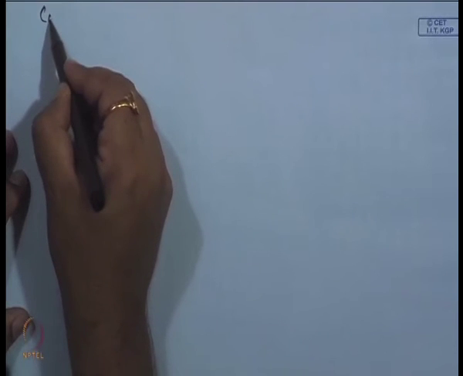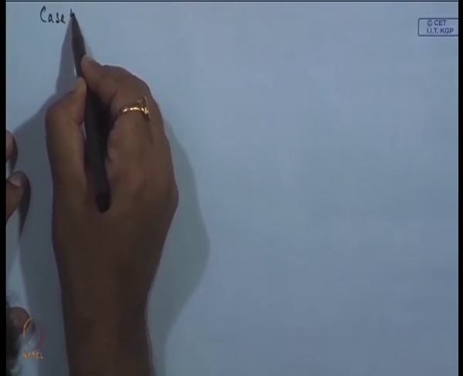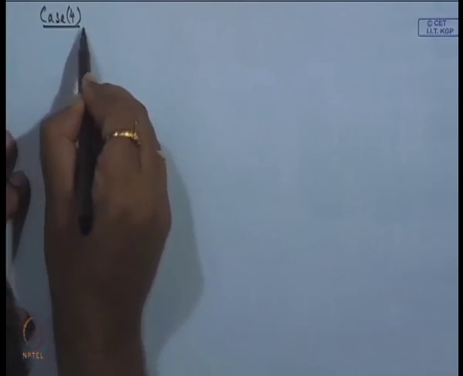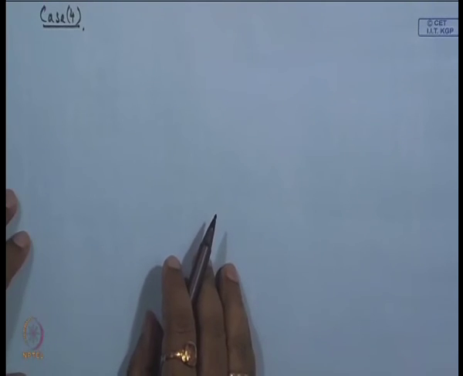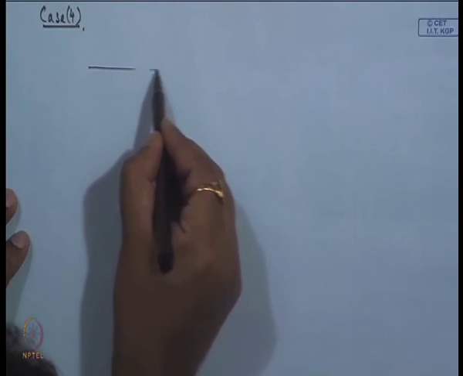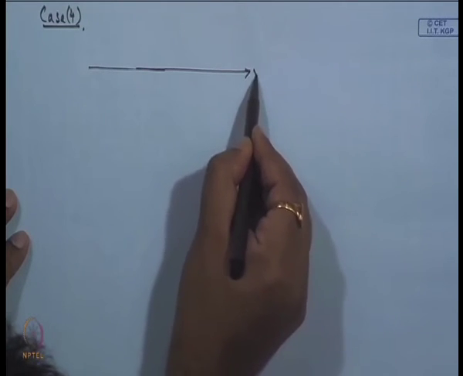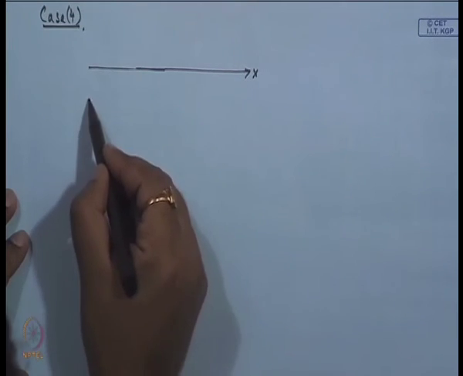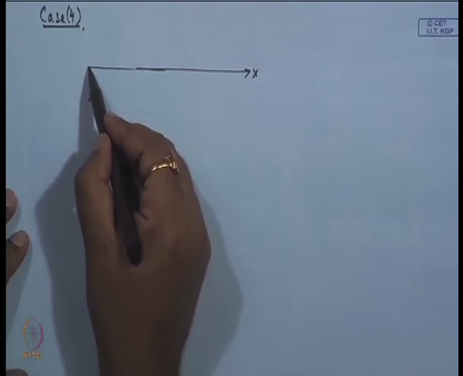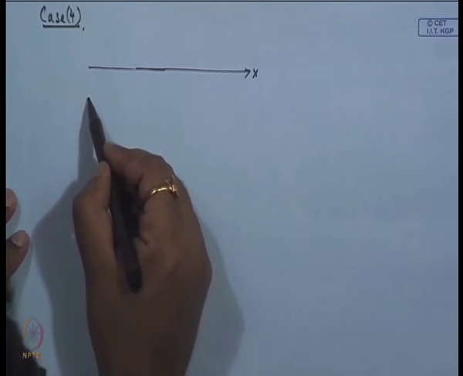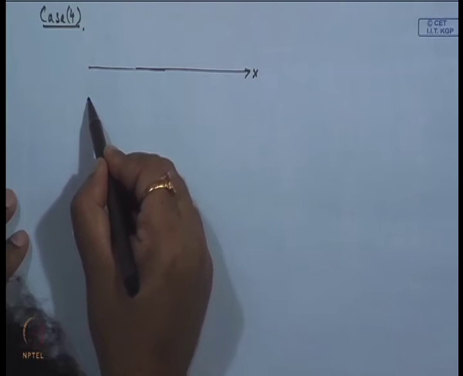Now, in case 4 we can consider a fixed end also. In case 4 we can consider that this is the x axis. Now, this beam at this end has deflection as well as slope.